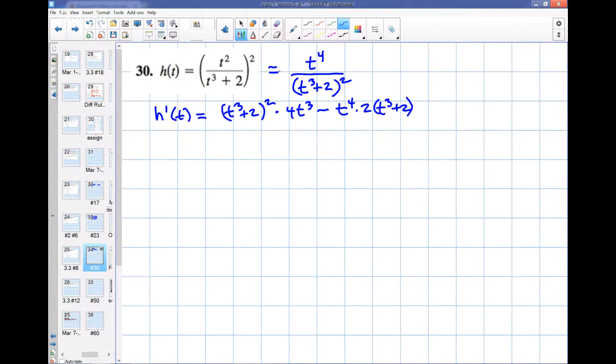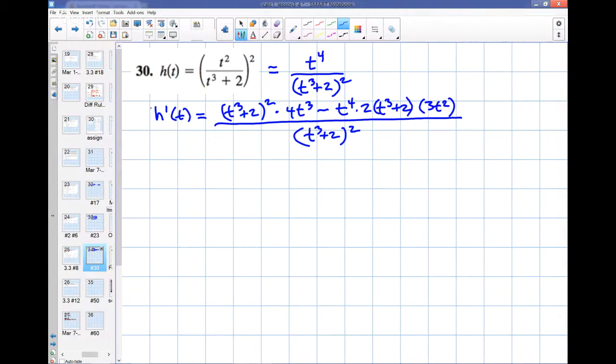And then, is there an inner function? Oh, yes. There's a t cubed plus 2, so I have to multiply that by 3t squared. And then, of course, all over denominator squared. So it gets a bit messy.